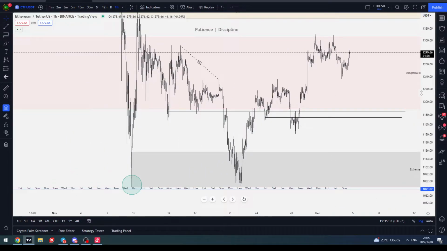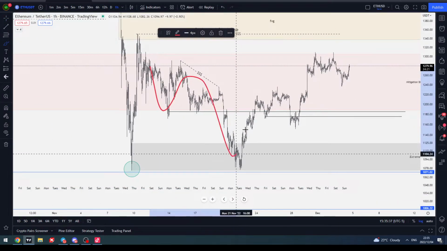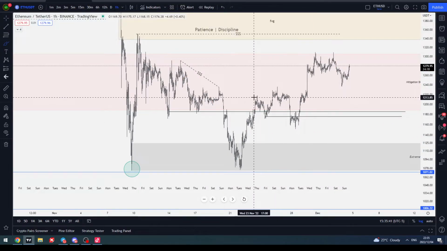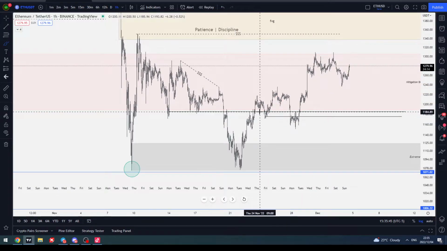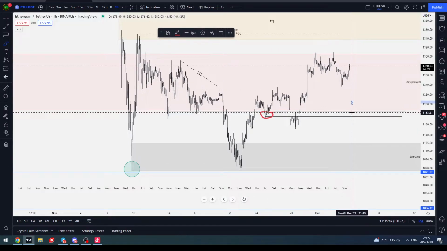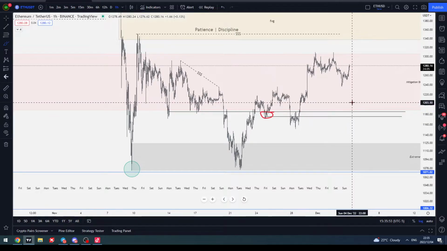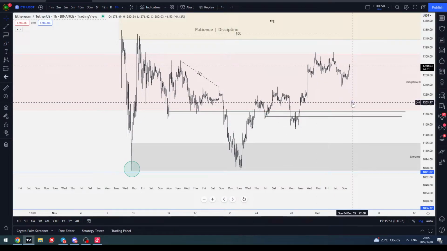And we have two different zoom models here, right? We have the higher one here, and we have a lower one that formed here, with this being the lowest closing down candle. So we have a confluence of price here that if Ethereum had to retrace here, we could look for reversals in price.